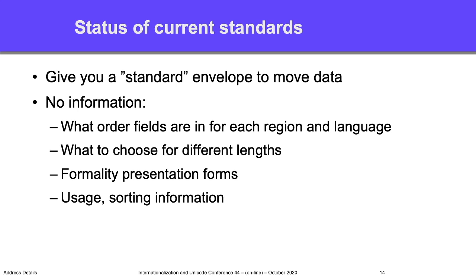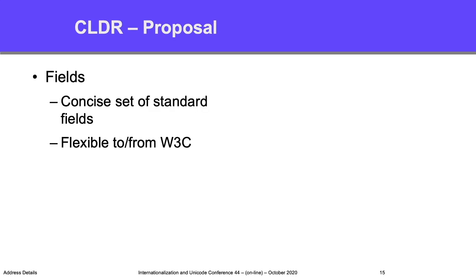They don't give you information on what presentation form to use for a different formality context. They also don't give you information about how to sort it or how to use it in different cases, a nominative or vocative case. A group from a number of different companies have come together and are putting together a proposal to pass to CLDR to represent names.